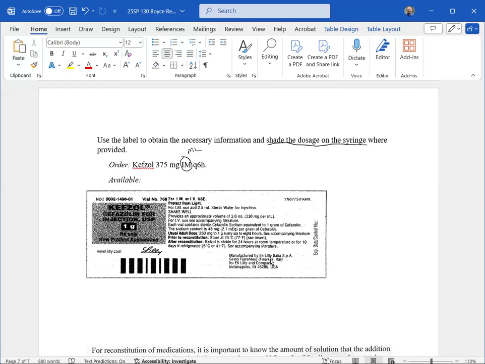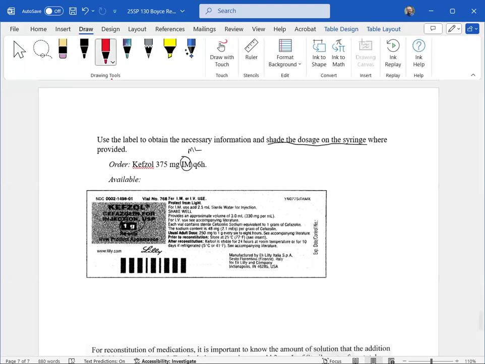All right, so I'm going to look at my label. It says 1 gram, and that's not very helpful, right? Because 1 gram doesn't tell me anything about how many milliliters. So I need to look at the label, and what I'm looking for is what to do with that 1 gram of powdered medication.